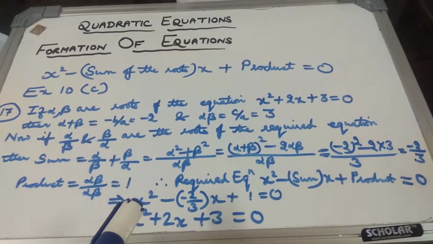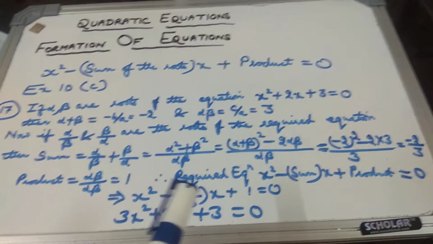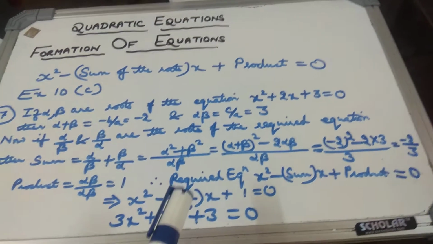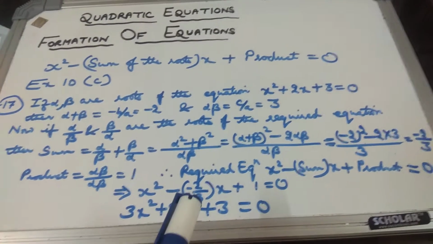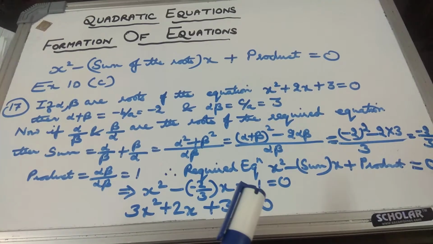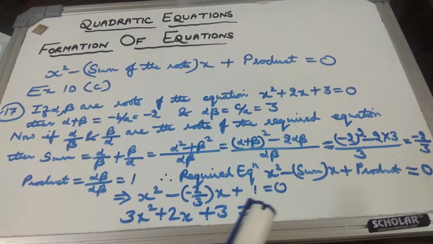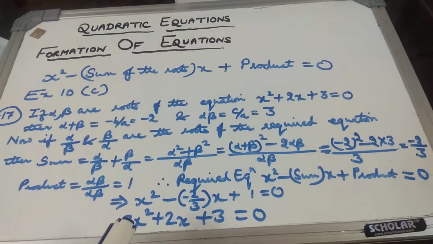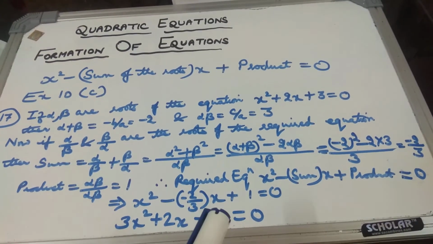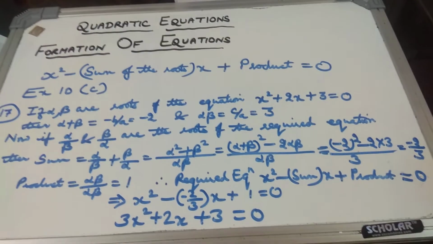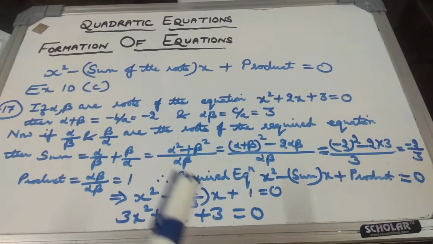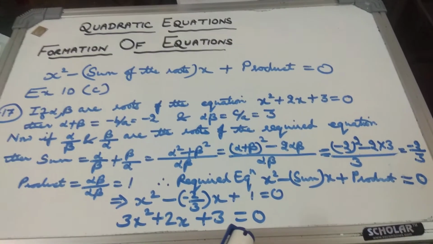So x square, minus of minus sum, so the sum is minus 2 by 3. So you can write it here, plus product is 1. So finally, if you simplify this equation, it is becoming 3x square plus 2x plus 3 equals 0. So this is the final answer.